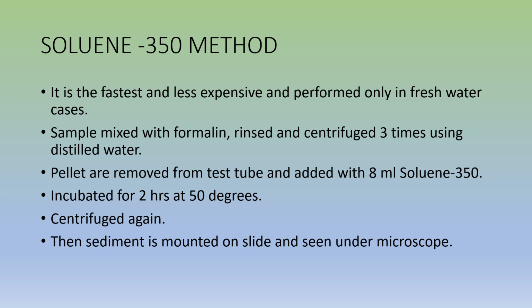Then the solution is incubated for 2 hours at 50 degrees. After that, it is centrifuged again, and we get the supernatant and the sediment. The supernatant is thrown away, and the sediment is mounted on a slide and seen under the microscope.